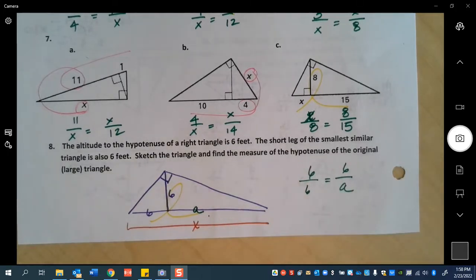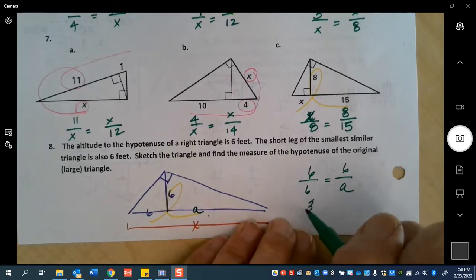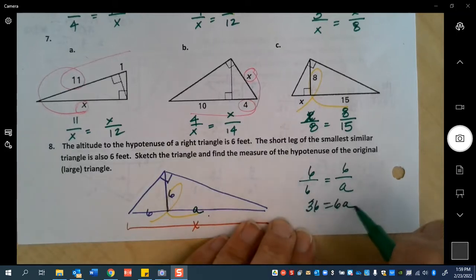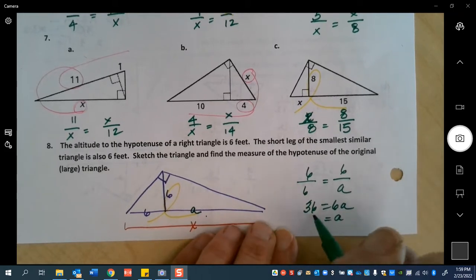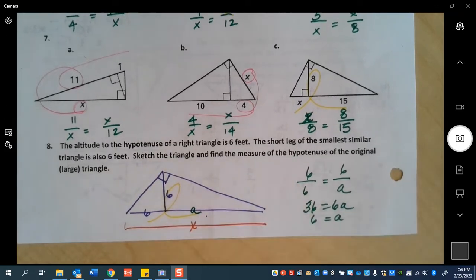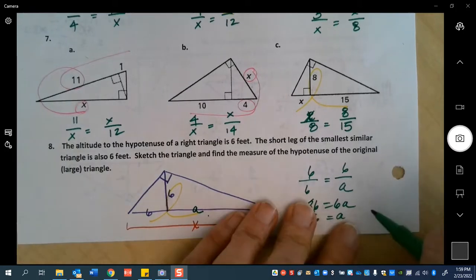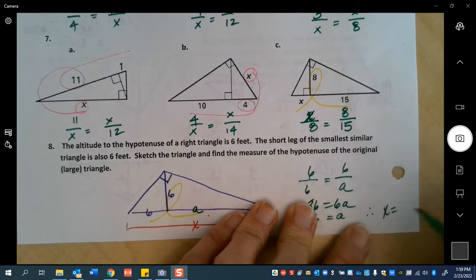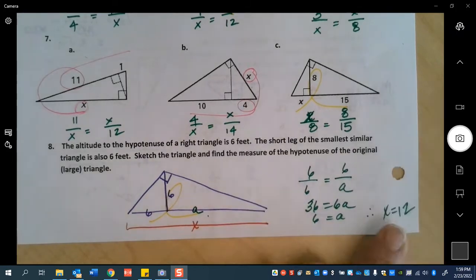Pretty interesting, huh? So even though my picture was exaggerated, it turns out that each of these triangles are going to be congruent, because A is equal to 6. Therefore, what's X equal to? Sound okay?